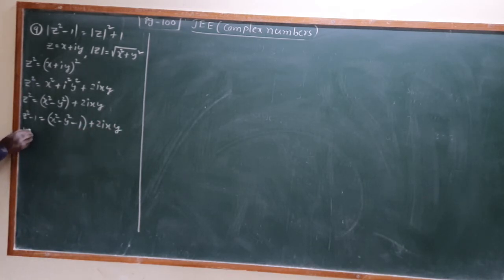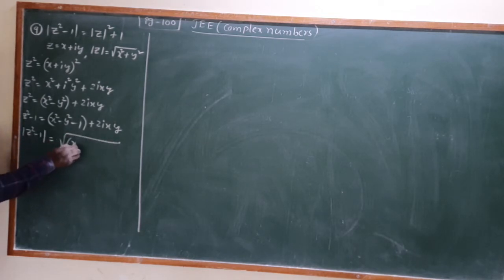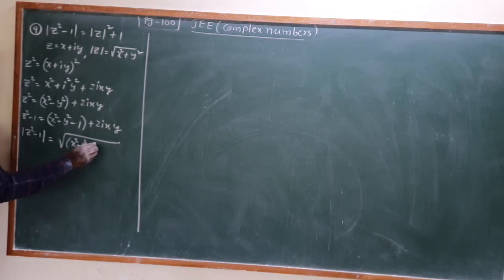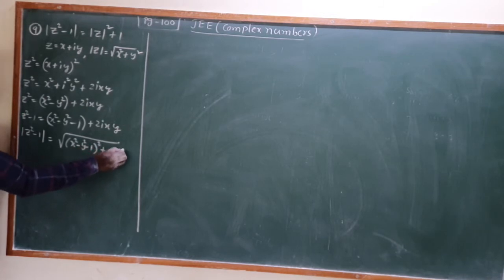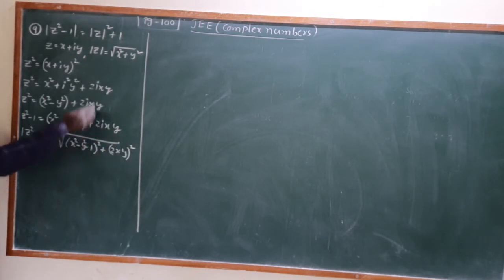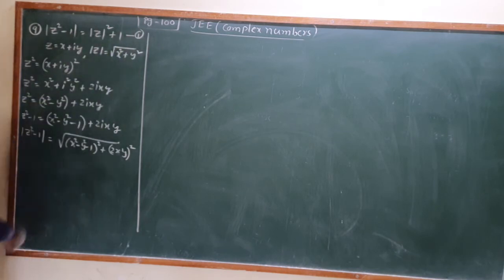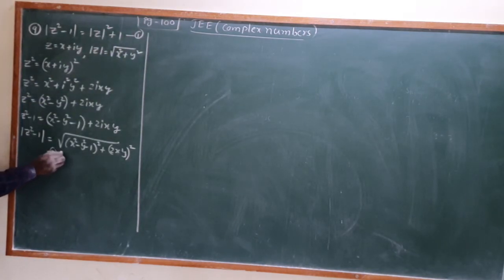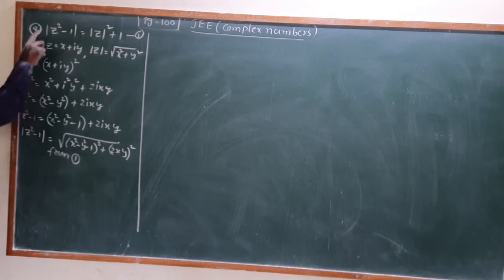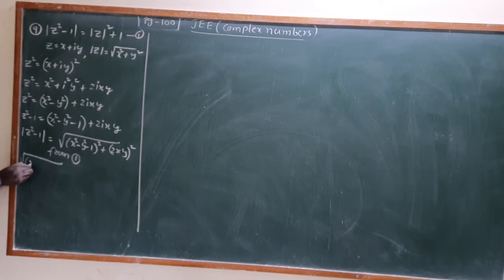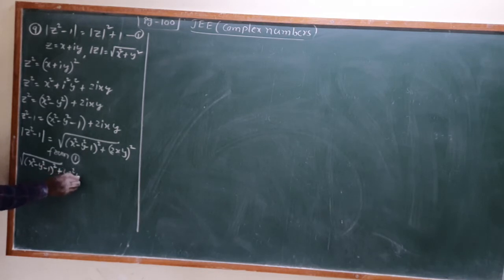Next I am finding modulus of z square minus 1. Mod means under root of real part square plus imaginary part square. Substitute these values in equation 1. From equation 1, the left side, modulus of z square minus 1, we got under root of x square minus y square minus 1 whole square plus 4x square y square.